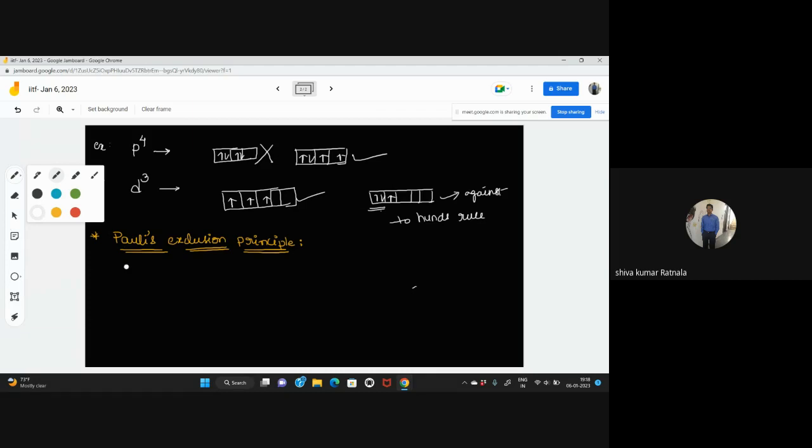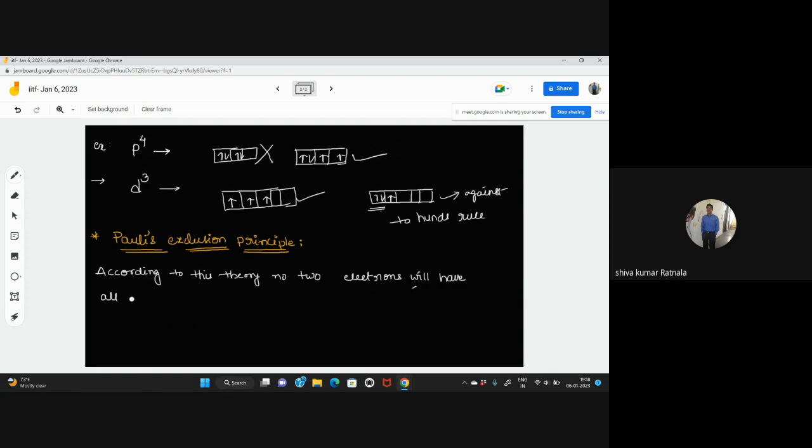According to this theory, no two electrons will have all four quantum numbers equal. So what does this theory say?